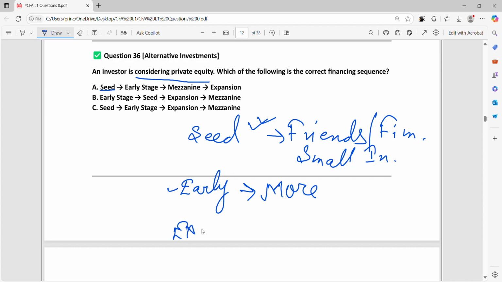Now your restaurant is running well, and you want to open 2 to 3 more units. Now the fourth is mezzanine. In mezzanine you are nearly ready to go big, maybe get acquired or go public. So the correct option is seed, early, expansion and mezzanine. So the correct option is C.